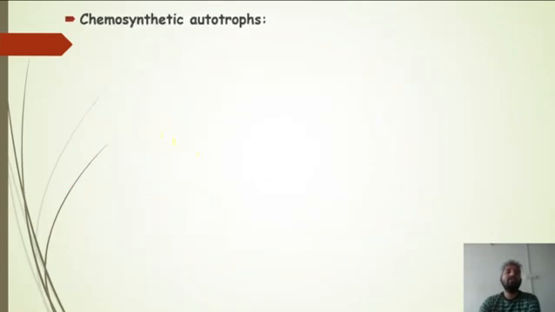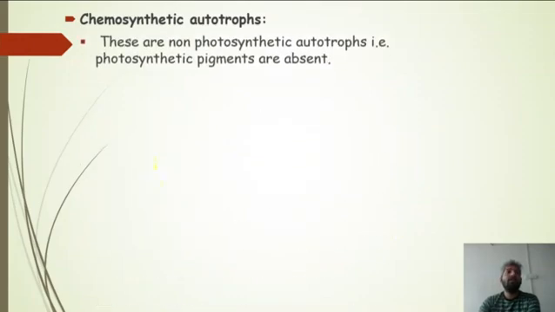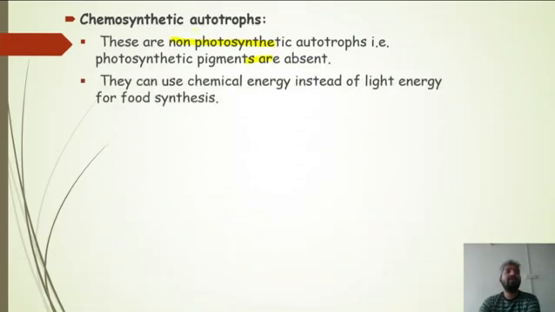The second type of autotrophic bacteria are chemosynthetic autotrophs. They are non-photosynthetic because they don't have photosynthetic pigments. It means they cannot perform photosynthesis. They cannot use light energy for the formation of food. But they use chemical energy instead of light energy for the formation of food.